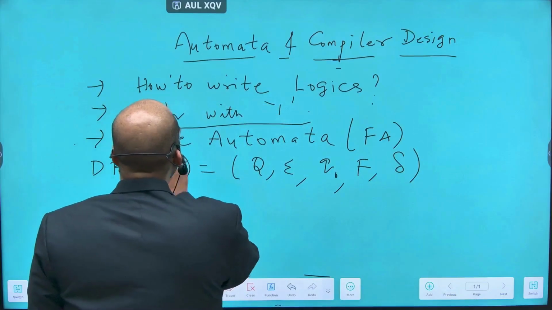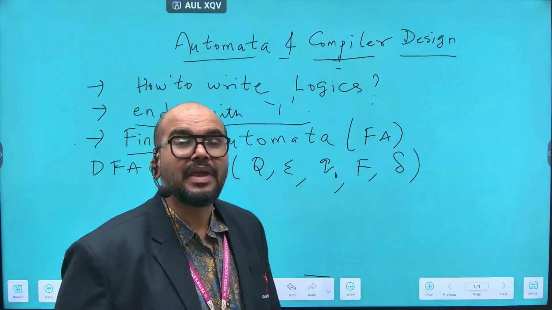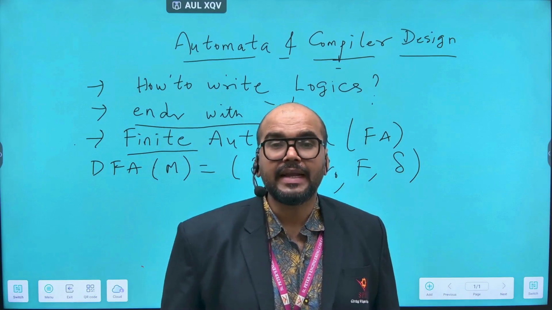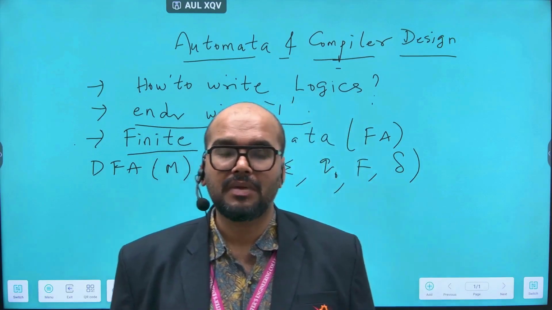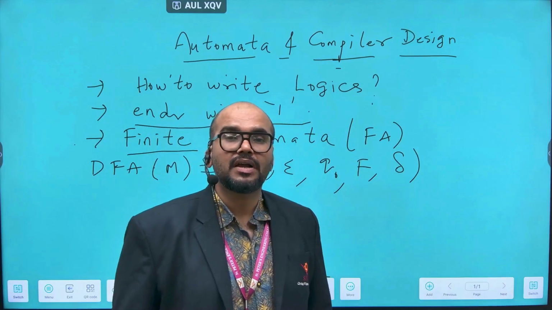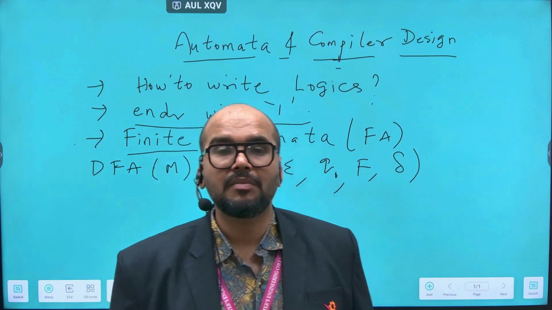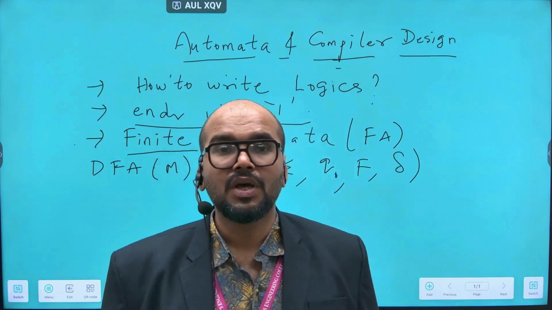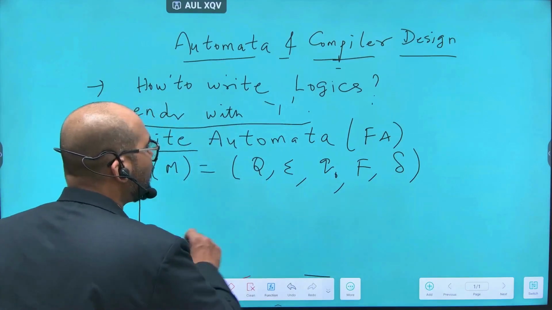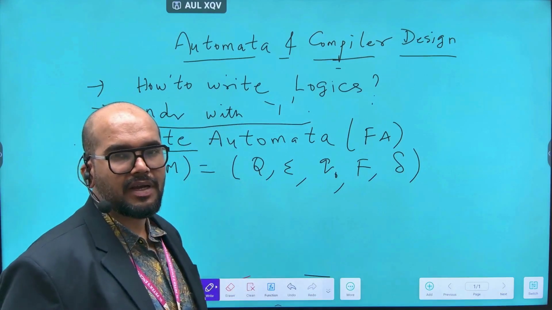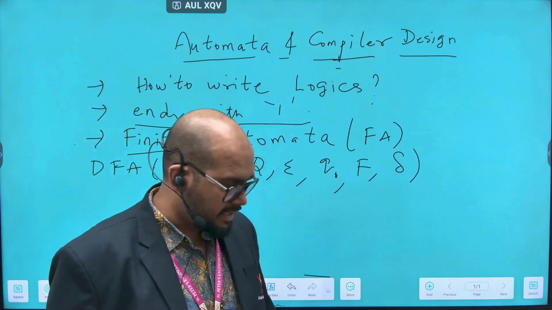And finite means having some meaning. Finite automata means: finite means having some meaning, and automata means works without human intervention. Before discussing the definition of this finite automata, let me discuss a simple example.